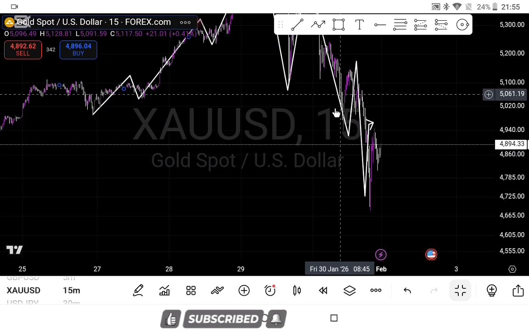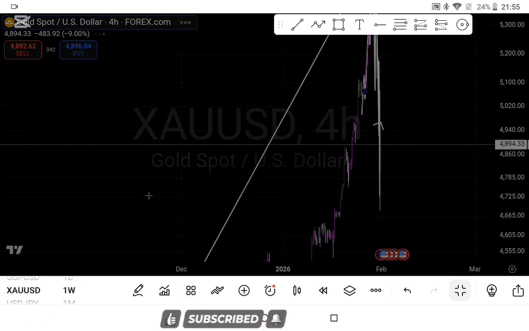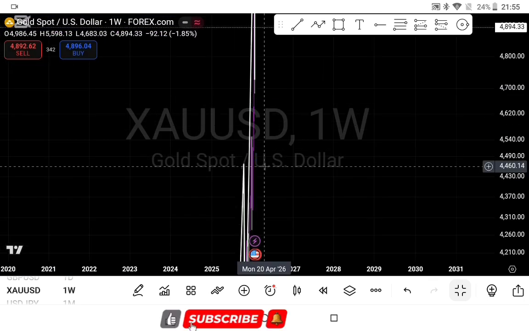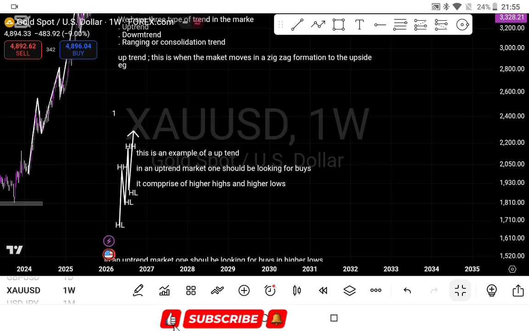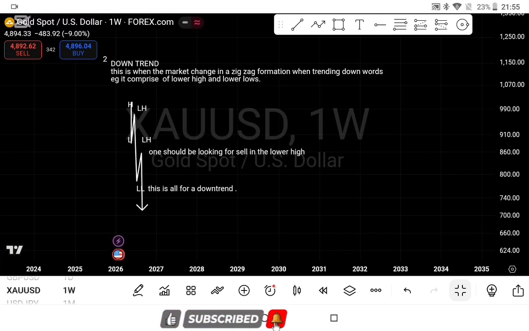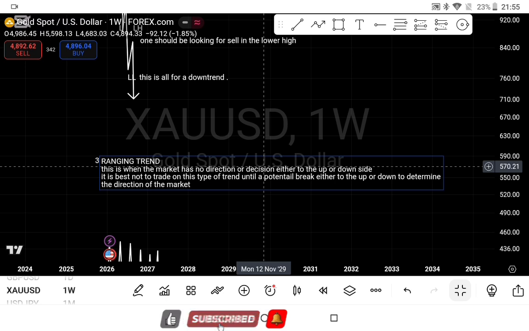Yeah, talking about the ranging market, which is the third one. As we can see, yeah, the ranging trend. This is when the market has no direction or decision, either to the up or downside.